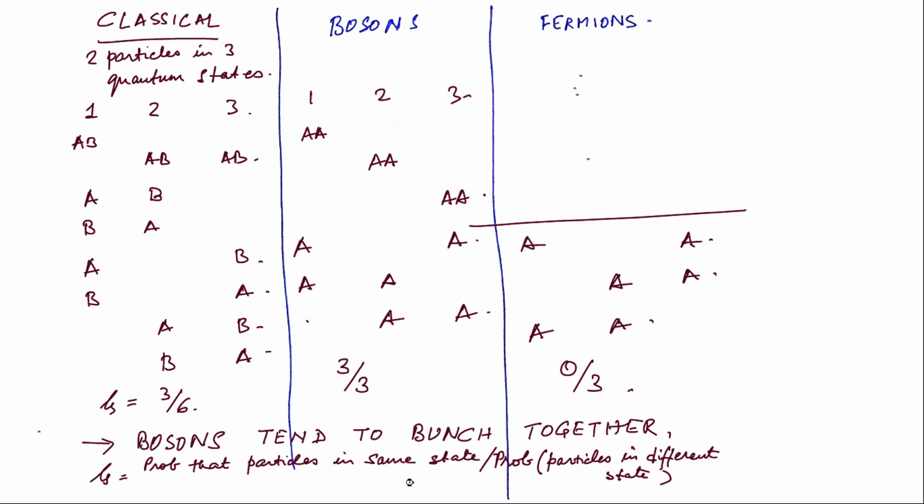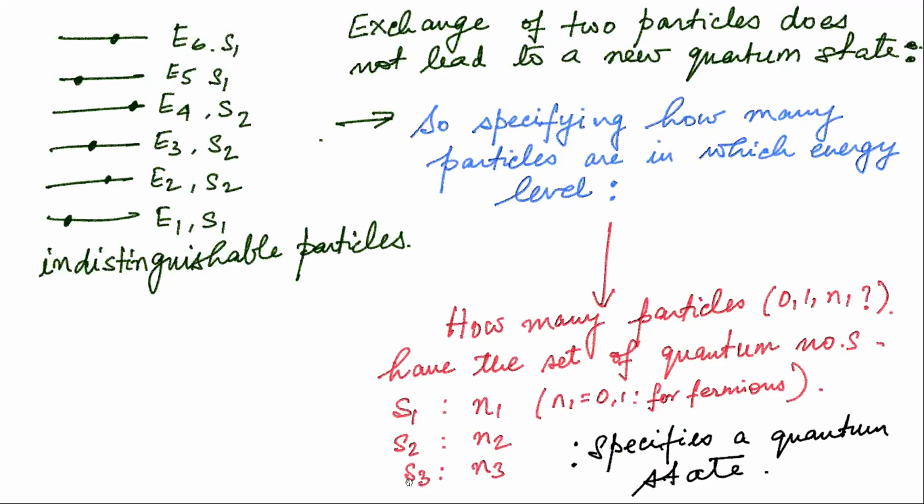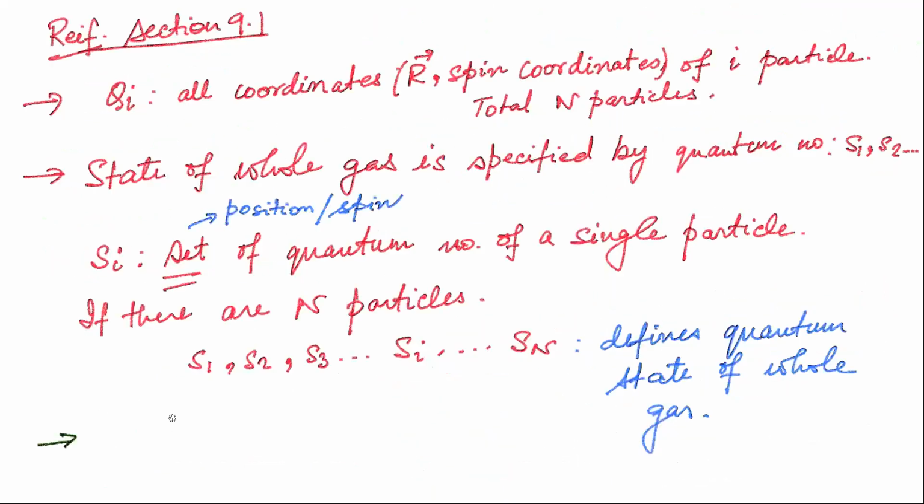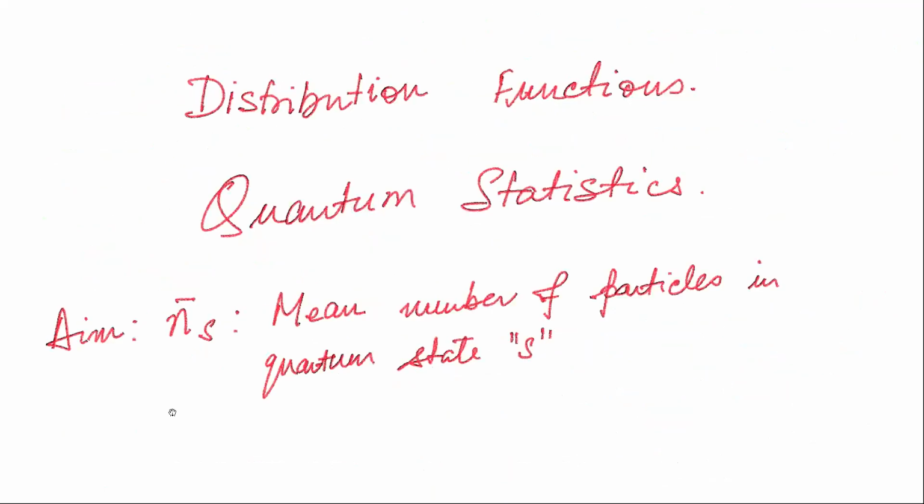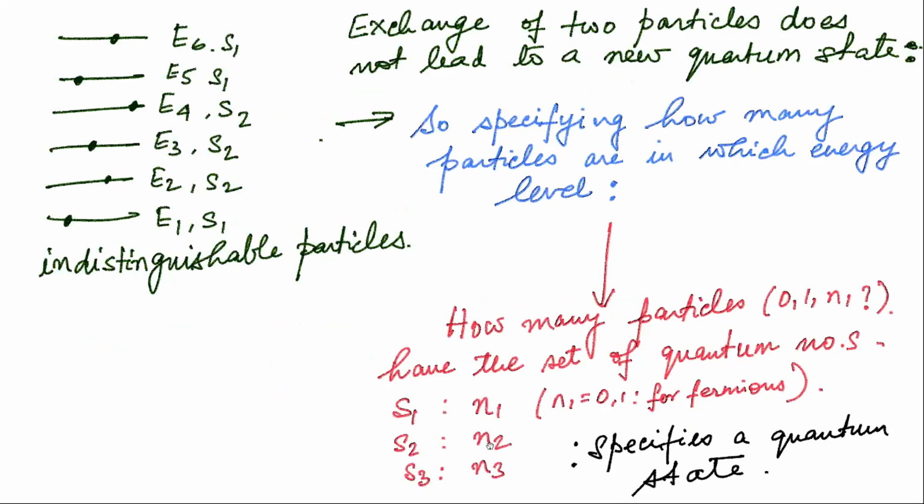And in general, the aim is to calculate this n_s bar, the mean number of particles with a certain set of quantum numbers, say S1.